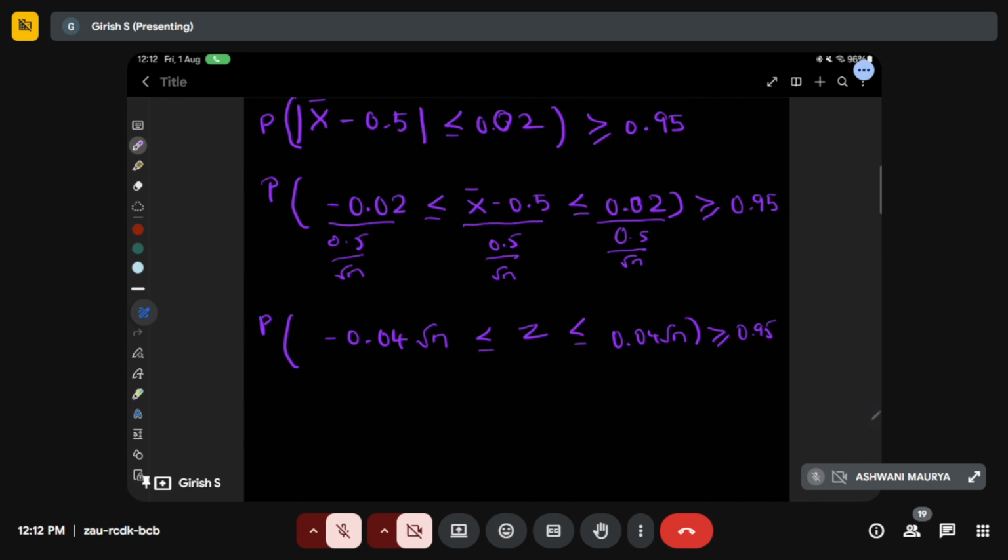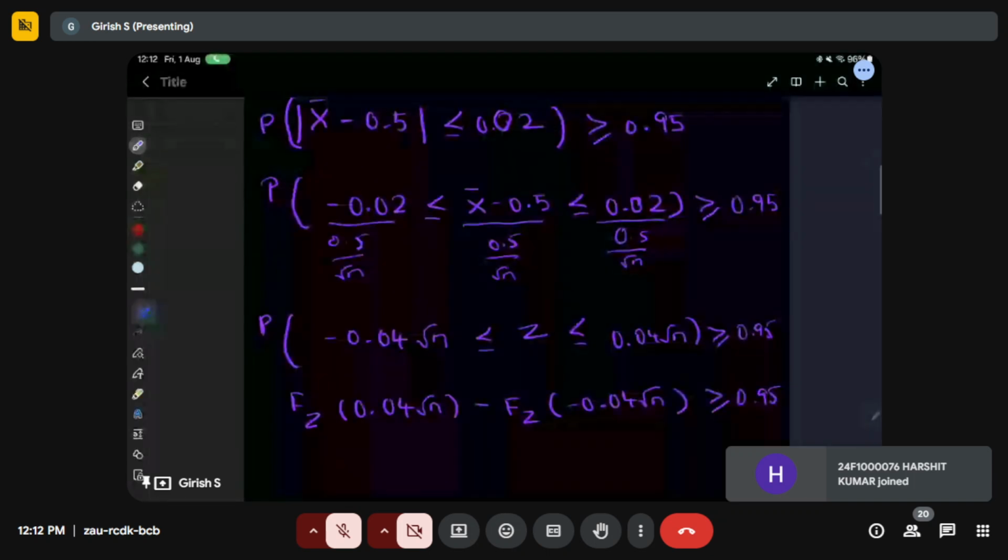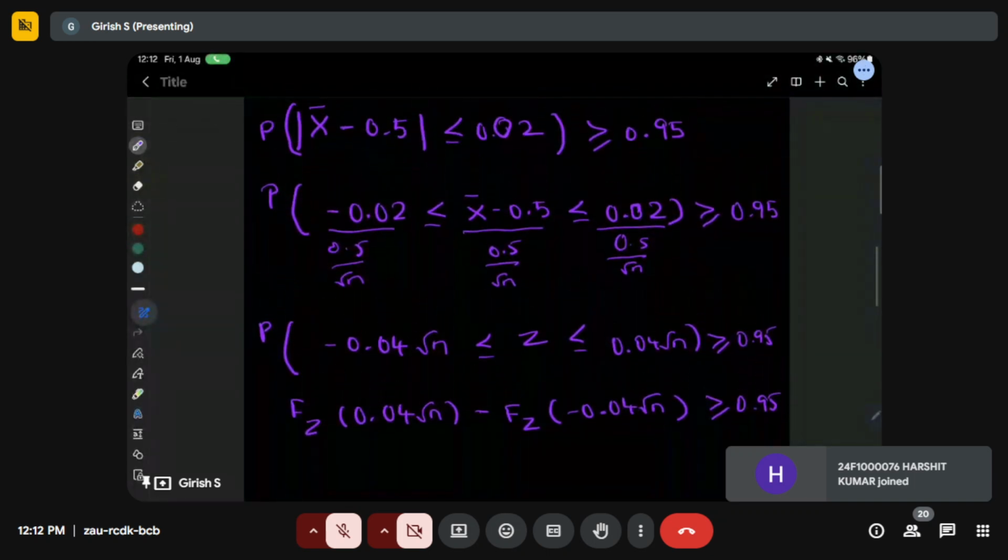And if you see this one, this is basically Fz of 0.04 root n minus Fz of minus 0.04 root n, which is greater than 0.95. Are you clear till this point?